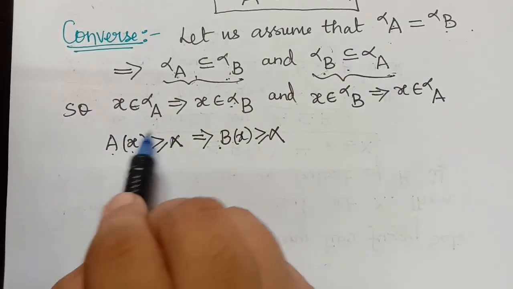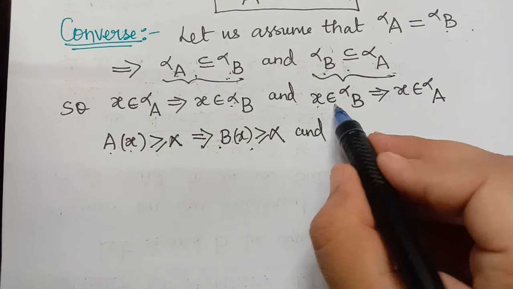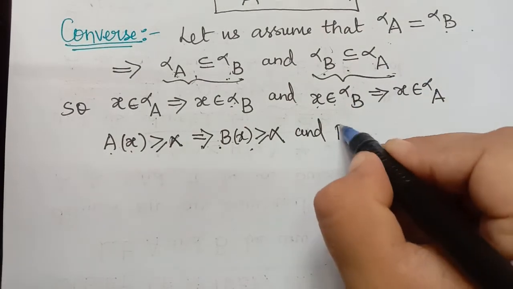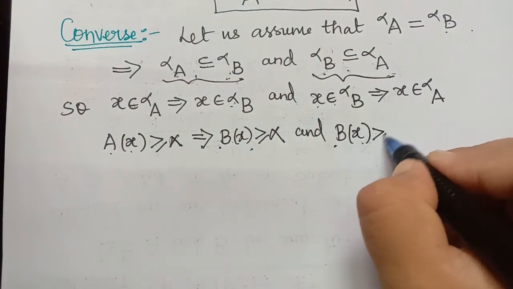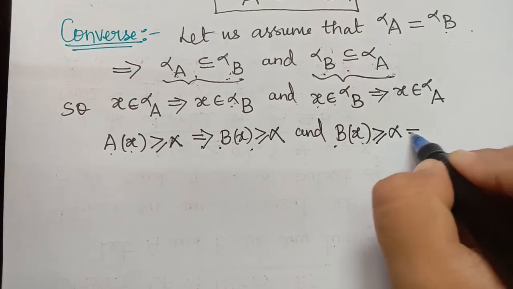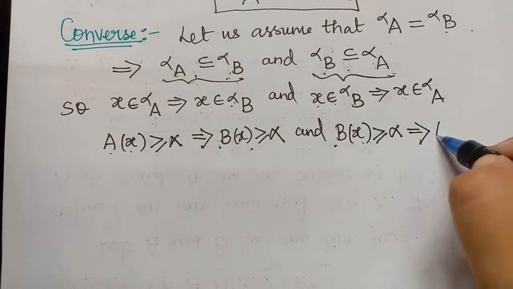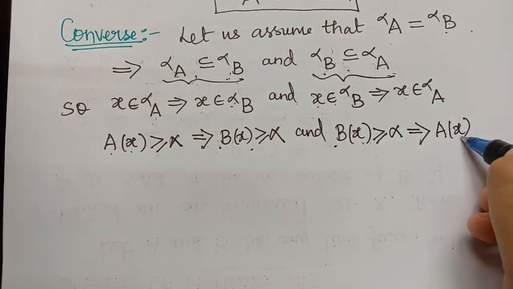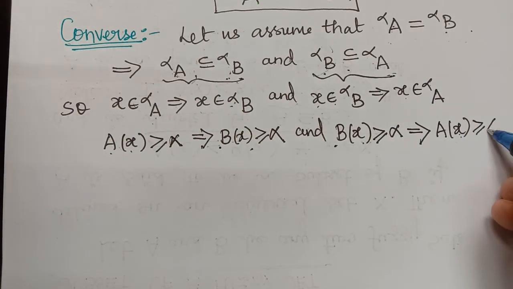And also, x is an element of alpha cut of B implies that the membership grade of x with respect to the fuzzy set B is greater than or equal to alpha. And this implies that x is an element of alpha cut of A, that is, the membership grade of x with respect to the fuzzy set A is greater than or equal to alpha.